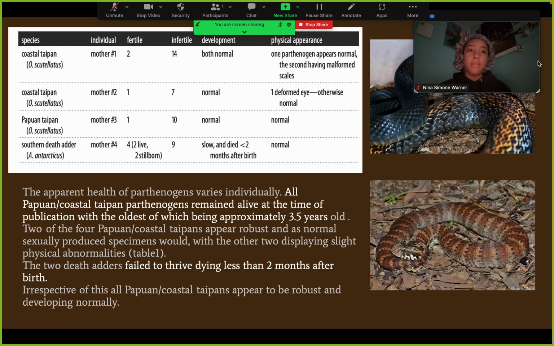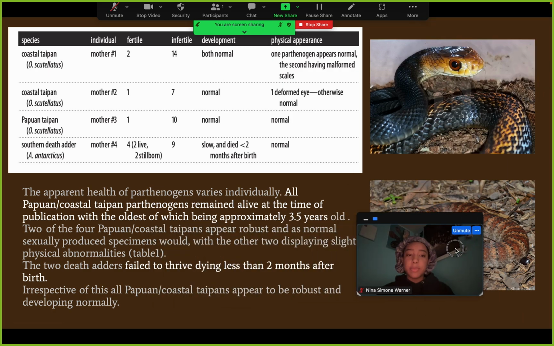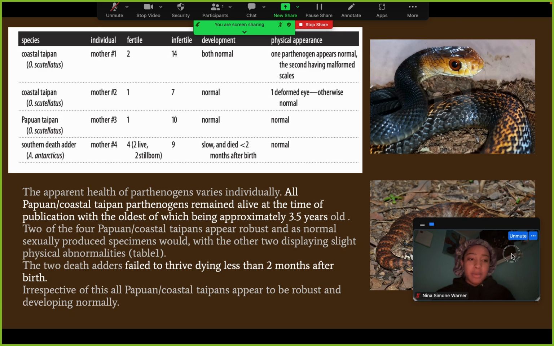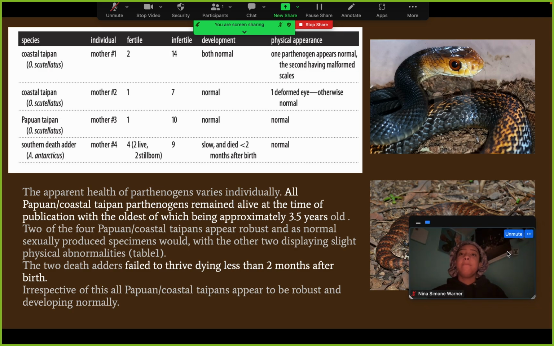And then this is a result of the offspring after being born, with the 4 females that they did research on. We can see here that there were some slight defects and infertile snakes that were born.